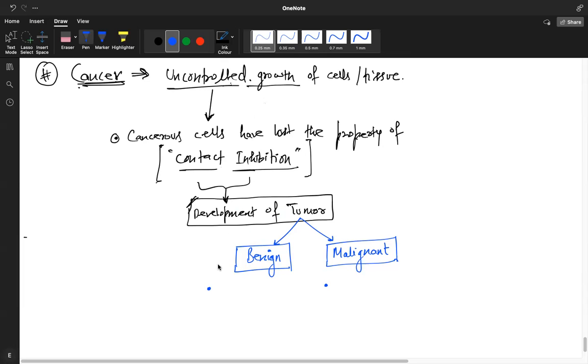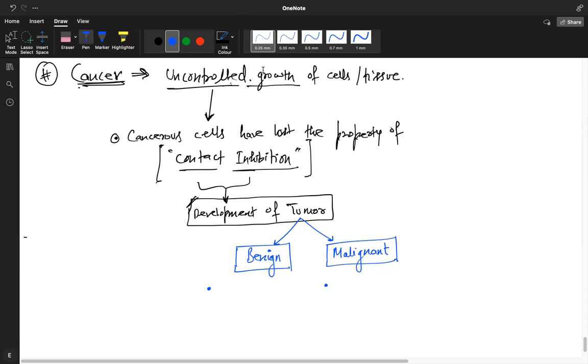So benign tumors are mostly harmless, but can also be harmful if they are growing big enough at a crucial place in any organ. For example, let's say you have a benign tumor in your thigh, where a very important artery or nerve is just beside it, and it grows and compresses that nerve or the artery. In that case, it can cause some harm to the person.